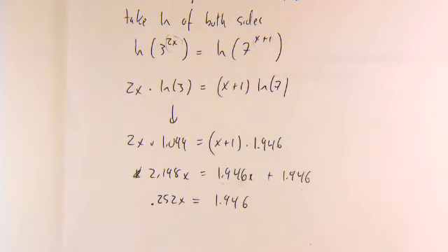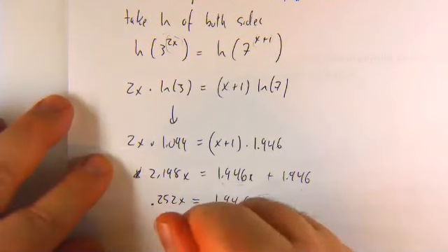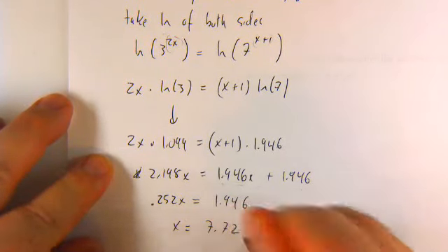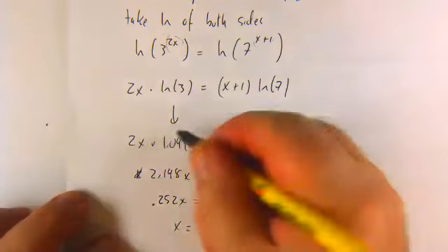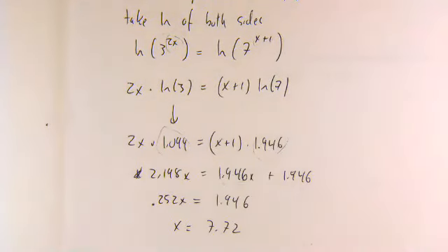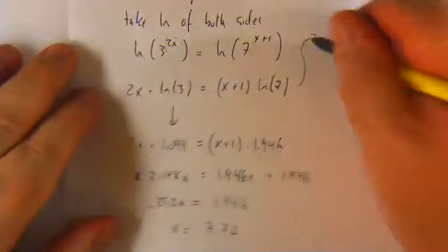And then if we divide both sides by 0.252, we get x is 7.72. Okay. Again, there's some rounding going on here and here, and we want to be a little bit careful about it. So symbolically, how do you solve this?